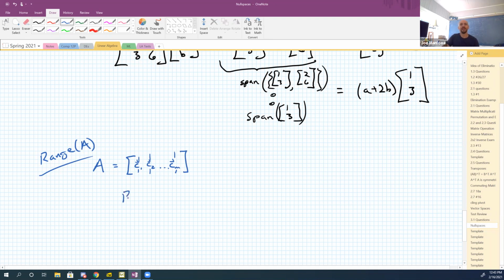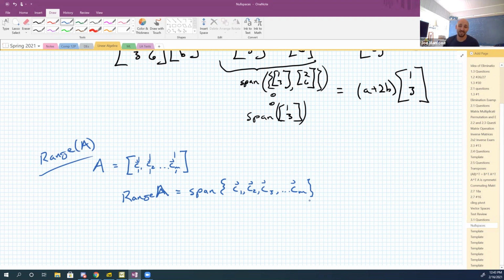Then the range of A is going to be the span of all the columns, right? You guys see that?